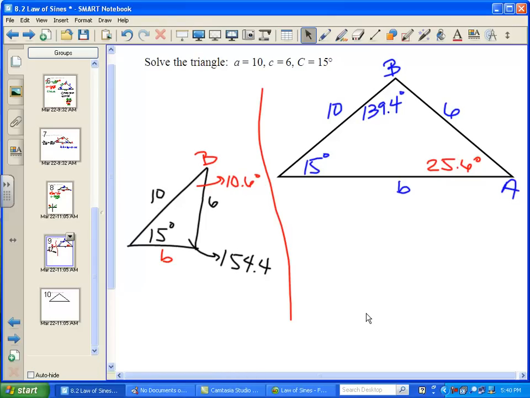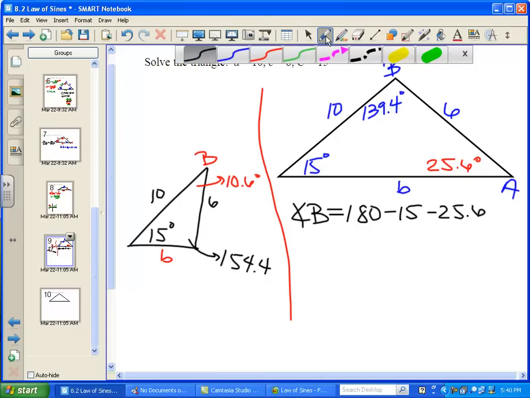And the way that I got that, again, to find angle B, is to take 180 minus 15 minus 25.6 to come up with 139.4. So now that I have both triangles, the only thing that I'm missing in both is side B.